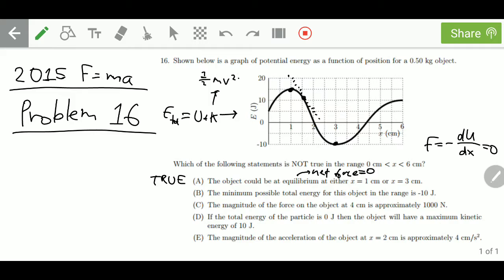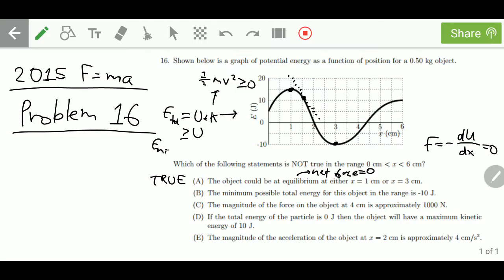Potential energy can be negative, but kinetic energy cannot be negative. And so the total energy is always greater than or equal to the potential energy. So if the minimum potential energy in the graph is negative 10 joules, which it is in this case, then the minimum total energy will also be that same amount.